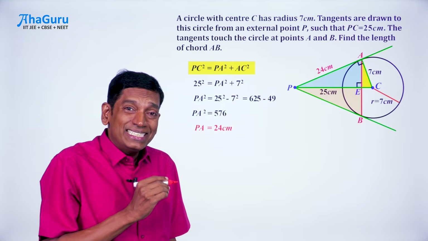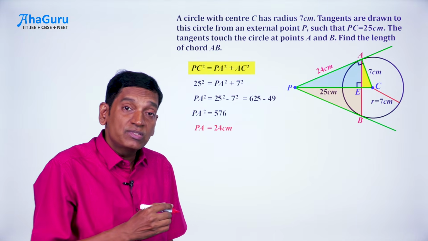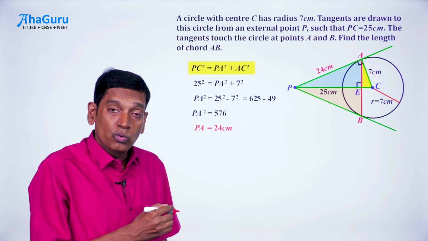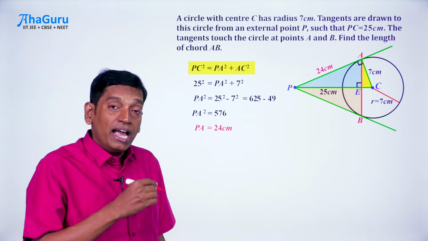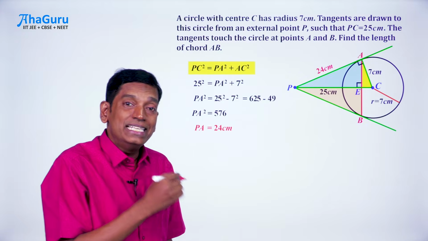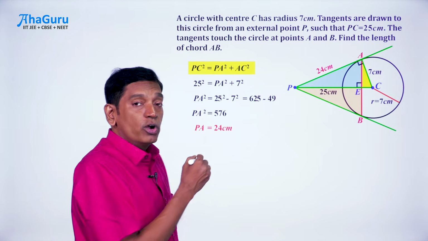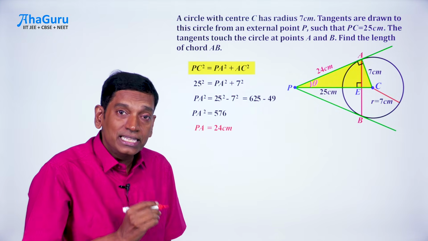Now we said in the beginning that this problem has applications from other ideas too. What is that other topic? Well, that is trigonometry, and with trigonometry we will be able to solve this much more easily. For that, we are going to mark this angle as theta.